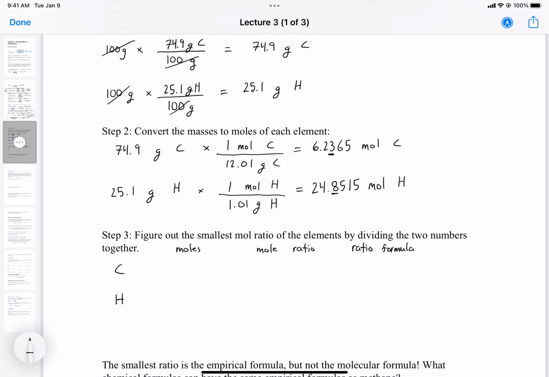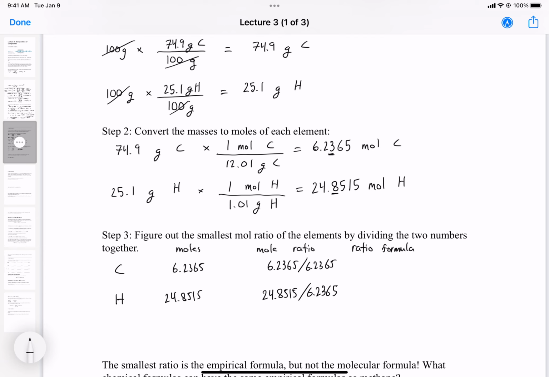Okay, so for carbon we have 6.2365. For hydrogen we have 24.8515. So the mole ratio, we're going to divide this number by the smallest number, which is itself, 6.2365. And here we're going to divide 24.8515 divided by 6.2365. So that's our mole ratio, right?